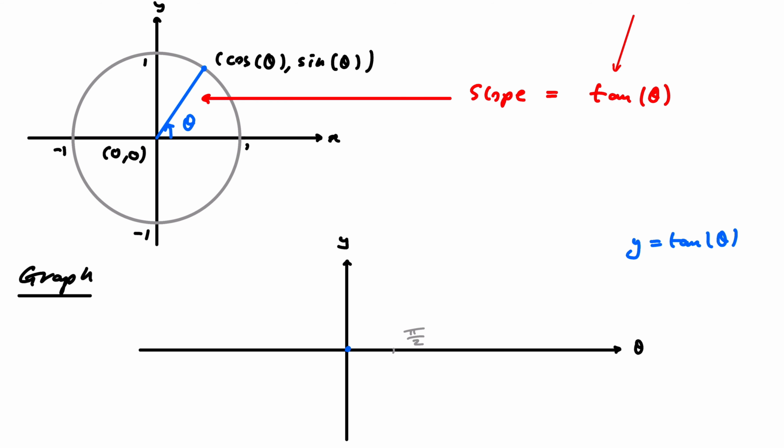Let's mark the position pi, so that'll be here. Let's mark the position 3 pi over 2, a little bit higher. And let's mark the position 2 pi, so let's write it here.